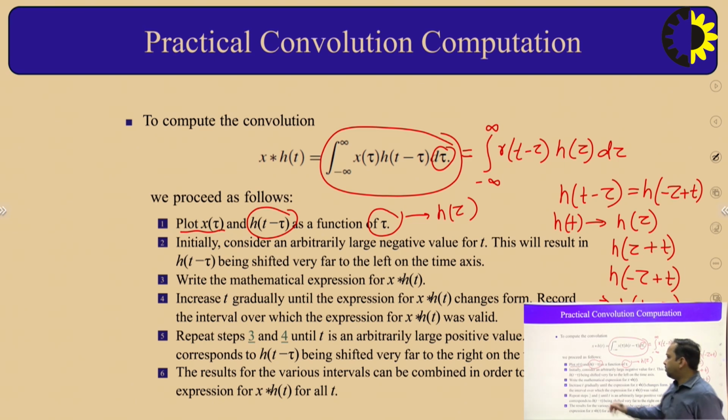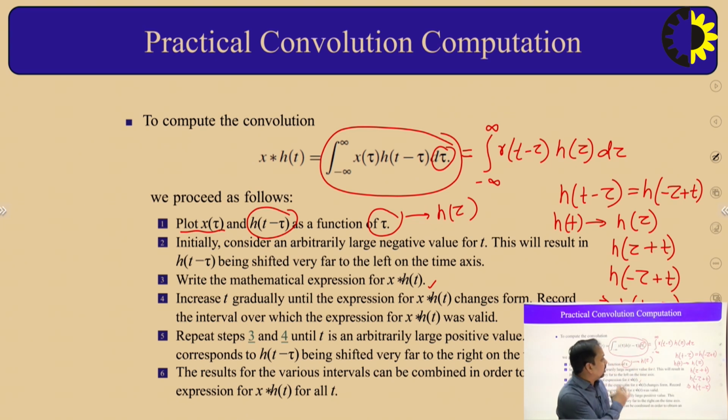We write the mathematical expression for x of t convolved with h of t, and increase t gradually until the expression changes form. Record the interval over which this expression was valid. We have to find the range of values of tau for which we can find the area. Now we'll use this method of convolution to find the response of a system.